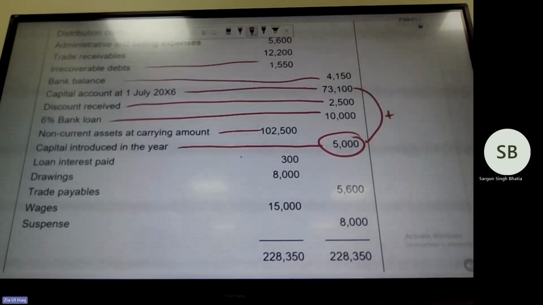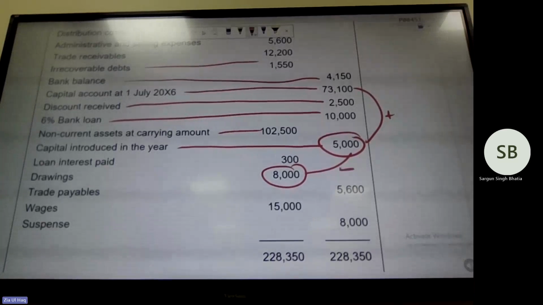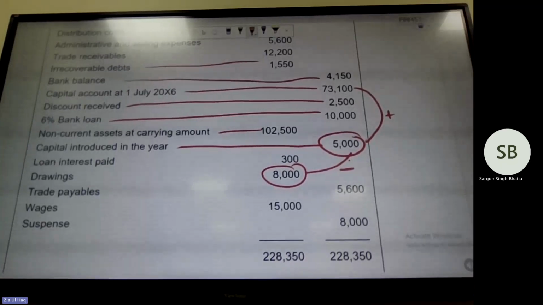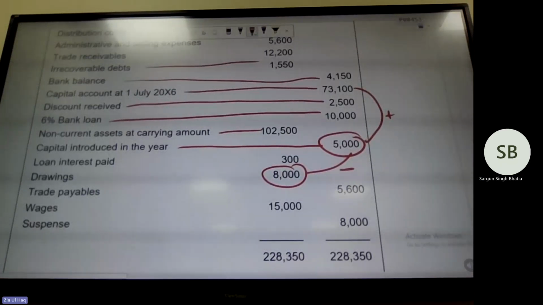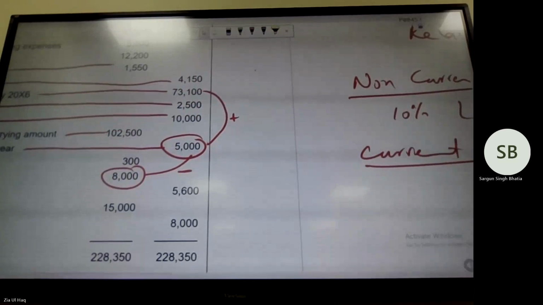And loan interest paid, interest drawings: this amount you have to subtract from the capital, meaning retained earnings. This is the opening balance of retained earnings. Yes, sir. You will add capital introduced during the year and you will subtract drawings. And you can show it under equity like this.